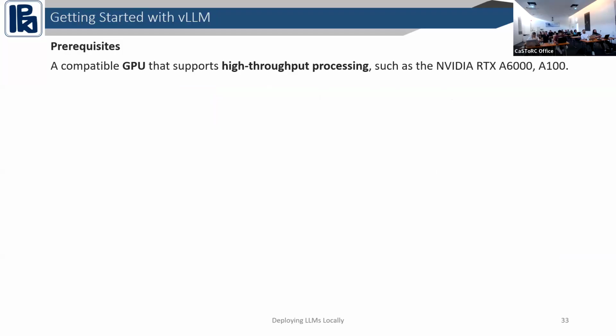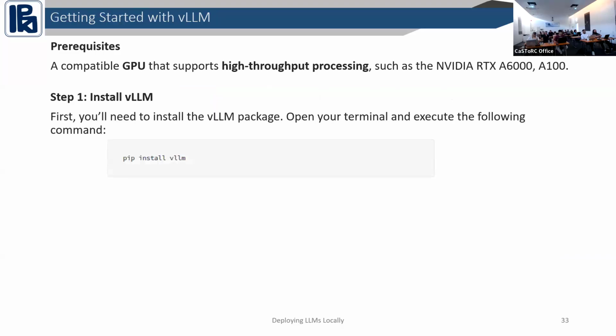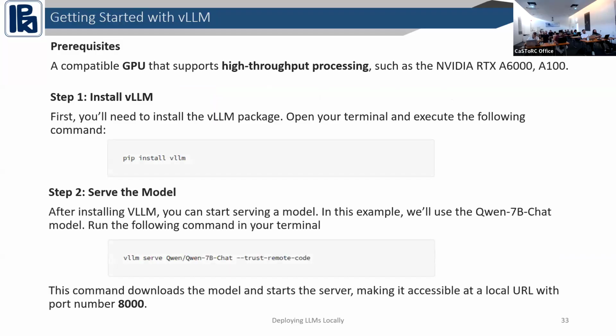Now, to start with vLLM, first you probably need a GPU. Then you can install it through pip, right? And then you can start serving the model. So for example, here you can serve the model with vLLM serve, and then you select the model.